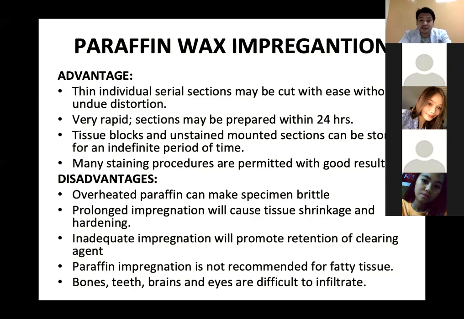Paraffin impregnation is not recommended for fatty tissues. Bones, teeth, brains, and eyes are difficult to infiltrate using paraffin. Specimens like bones, especially undecalcified bones, and teeth are not easily infiltrated, so we use different types of impregnating medium.